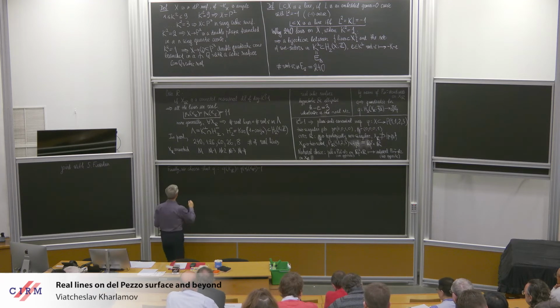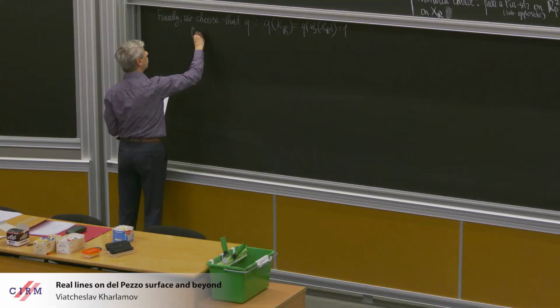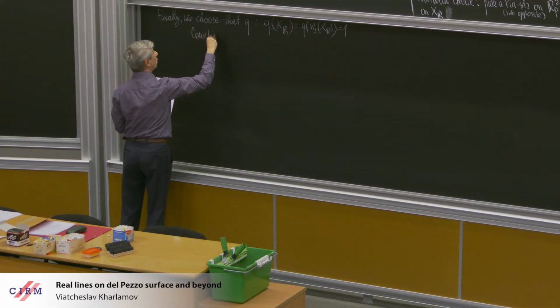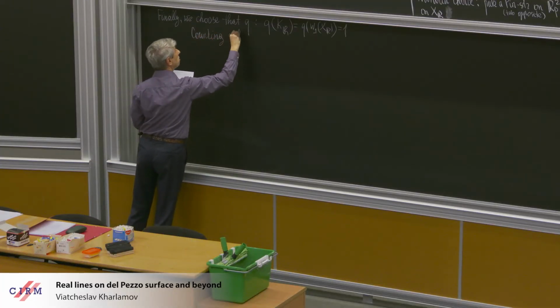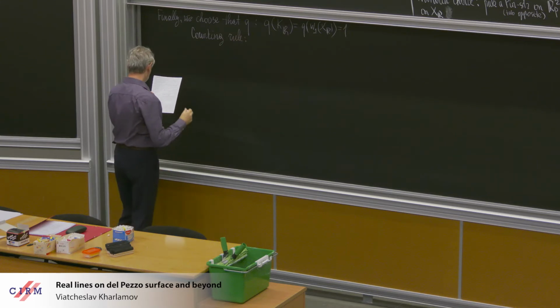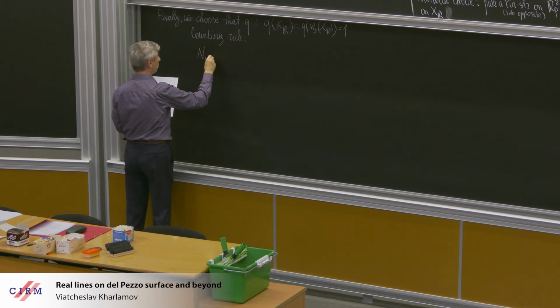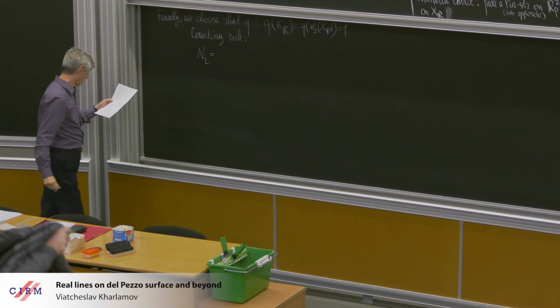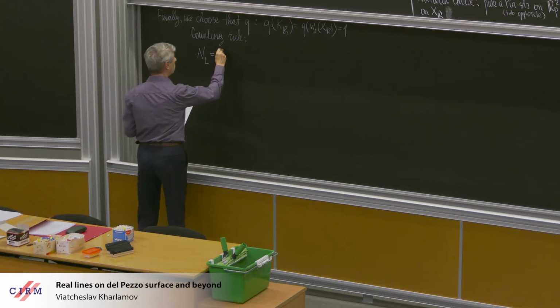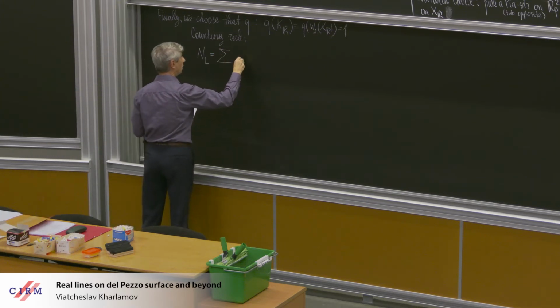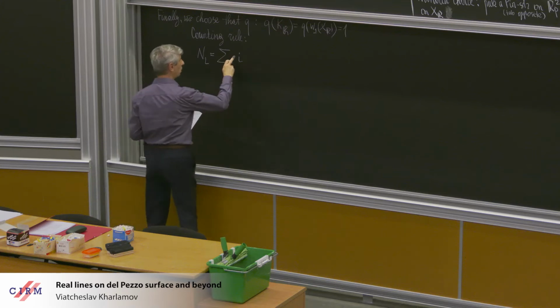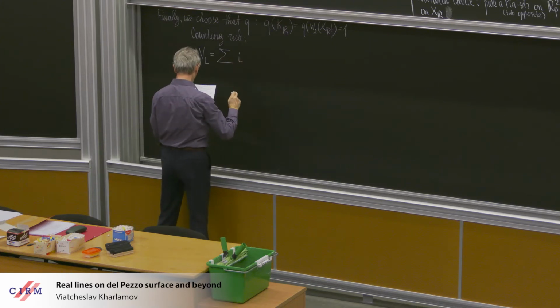So, as I promised, the counting rule will be the following. So let's denote the number, I don't know why, in this way. Let me write the sum. This is the square root of -1.